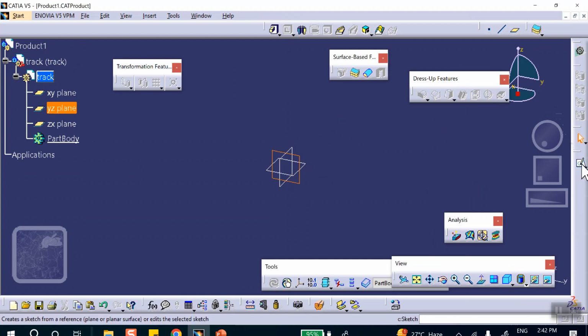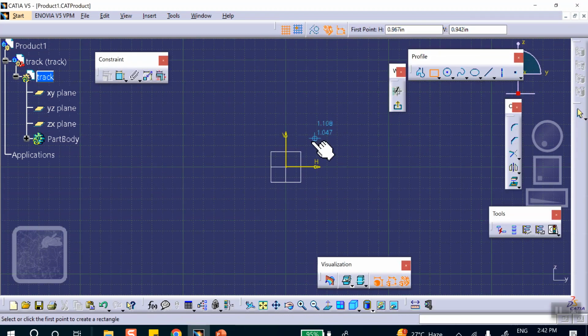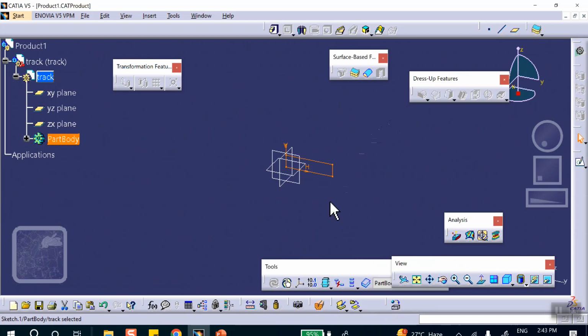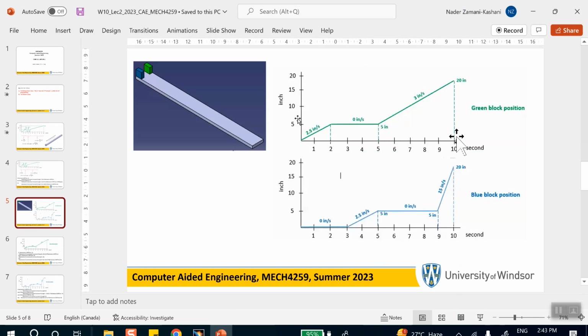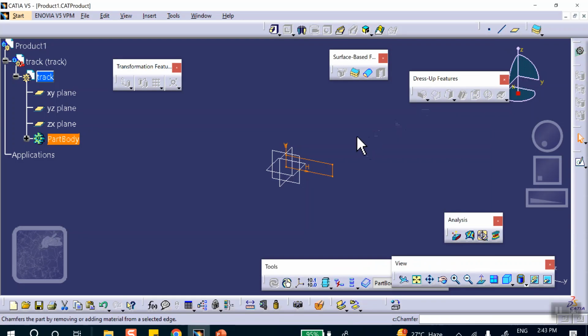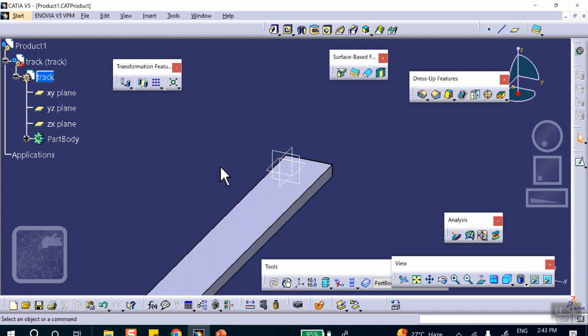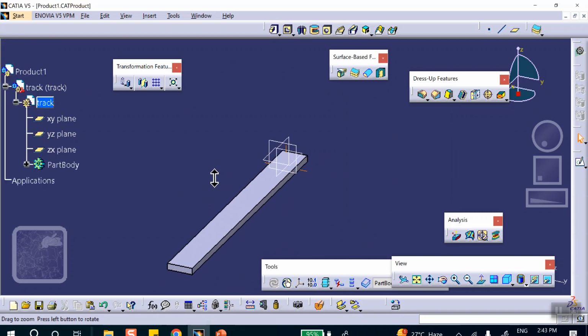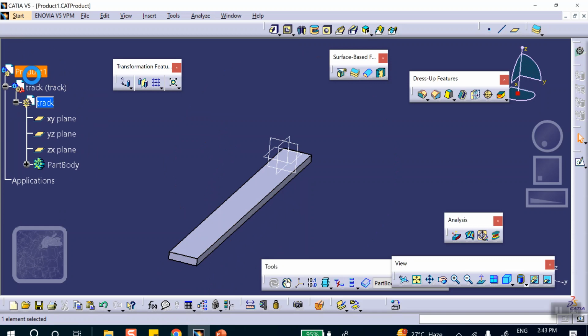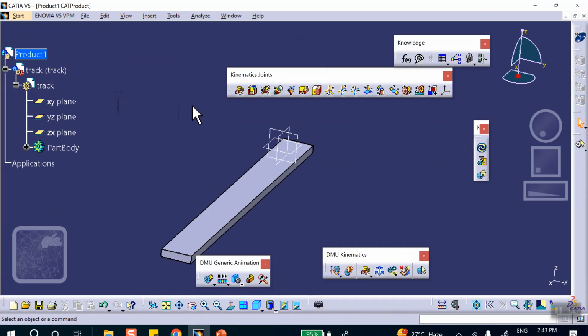I'm going to sketch this. This is going to be my track. Exit. By the way, since this is about 20 inches, I'm going to make that thing 20 inches long, just so that it looks nicer. That's all. 20. There we are. So we go all the way to the top.